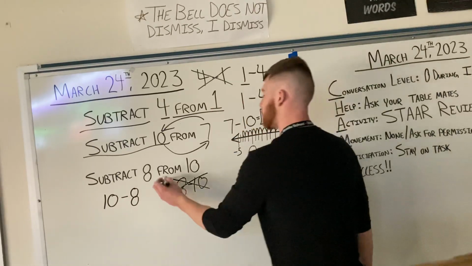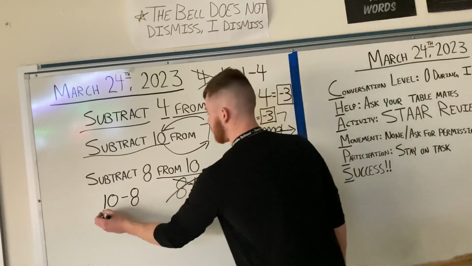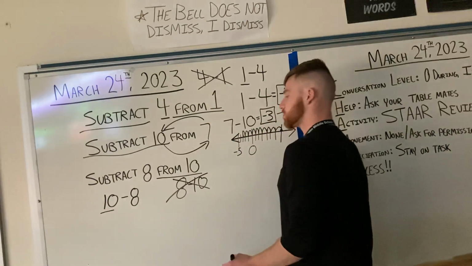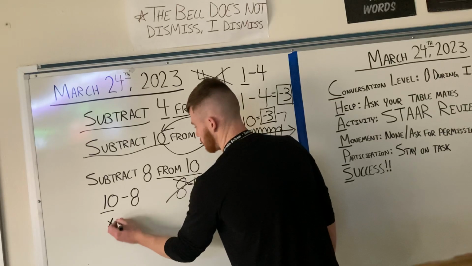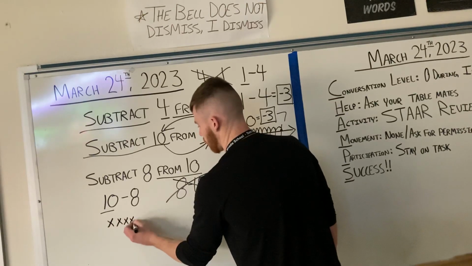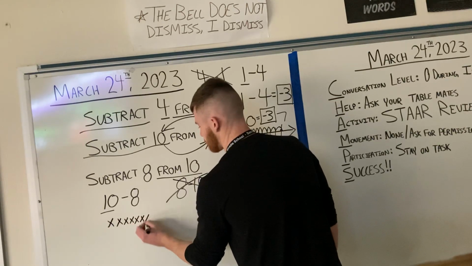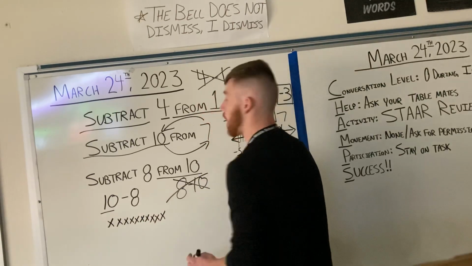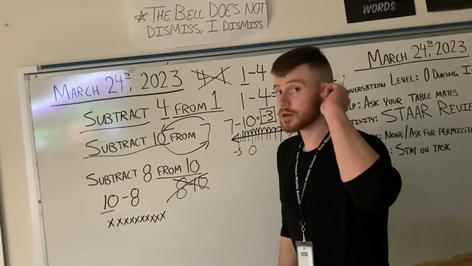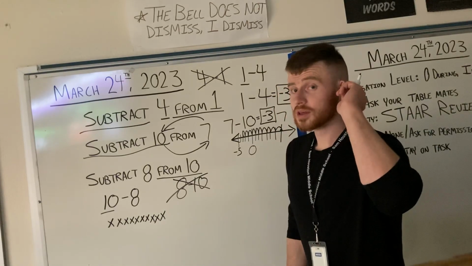Now again, we're starting off at 10. It says from 10, and that's what we're starting off with. So let's say right here, I have 10 x's. 1, 2, 3, 4, 5, 6, 7, 8, 9, 10. How many are we subtracting? Yes, very good.